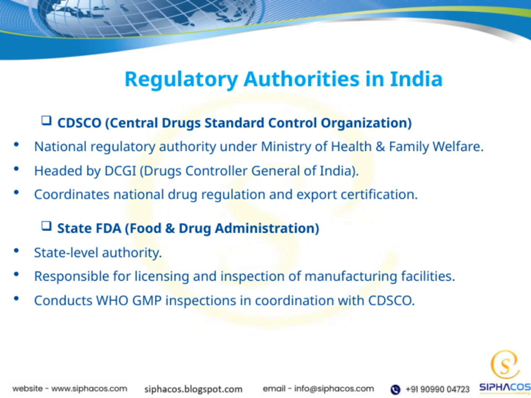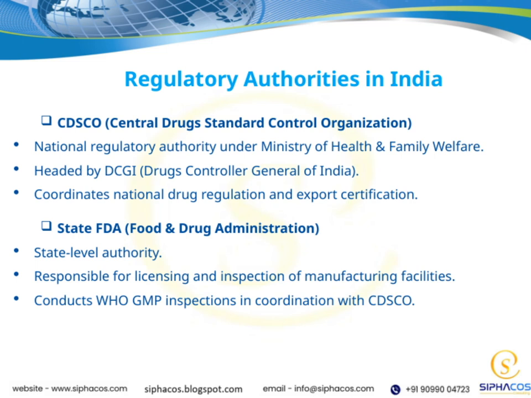Moving on, at the state level, we have the State Food and Drug Administration, or state FDA. These bodies are responsible for licensing manufacturing facilities within their respective states and conducting inspections to ensure compliance with safety standards. They also play a vital role in conducting GMP inspections, often working hand-in-hand with the CDSCO to maintain quality standards across the board.